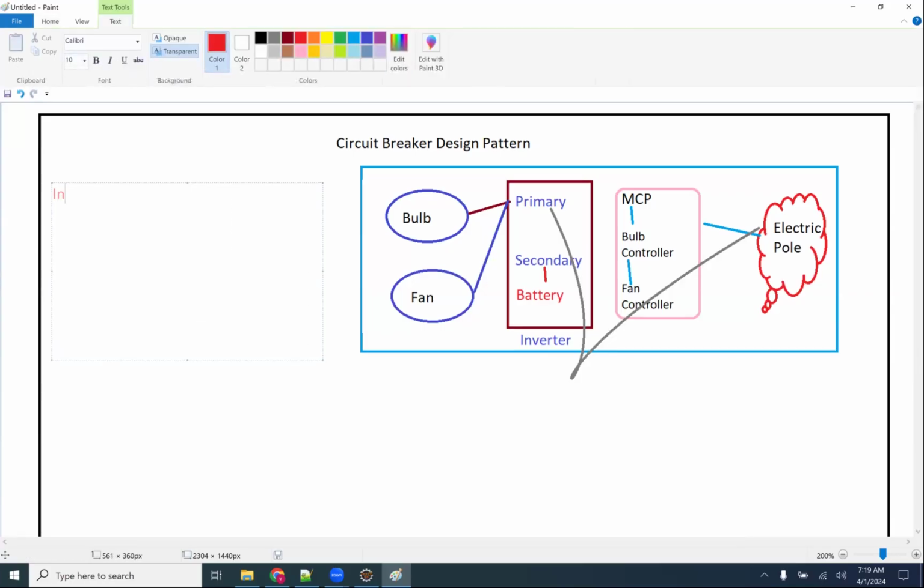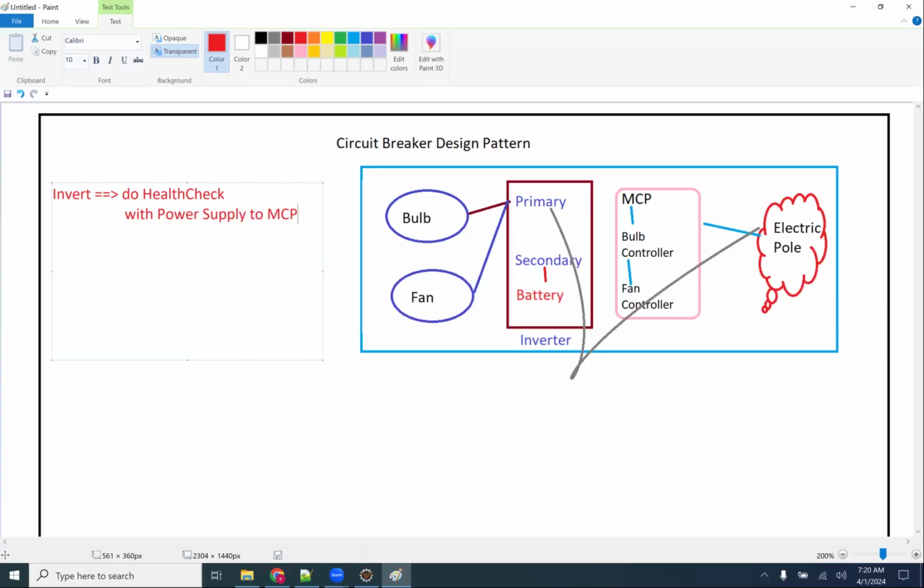With the logic of the inverter, it should always do a health check. Health check with what? The power supply from the pole, or rather the power supply to MCP. I don't want to go to the pole. Do a health check with the power supply to MCP.